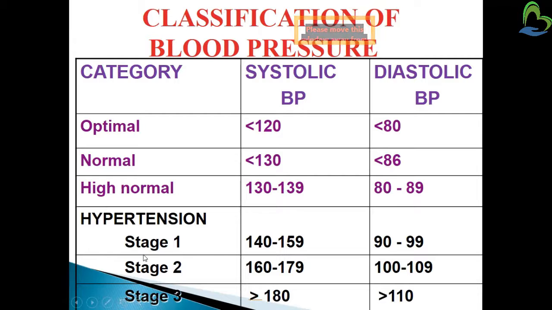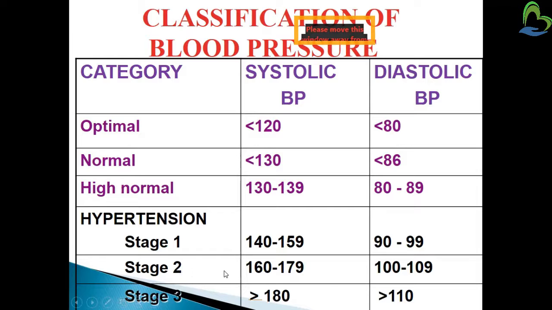Now consider the stages of hypertension. Stage 1, the first stage of hypertension, has a systolic range of 140 to 159, and diastolic 90 to 99. We can count that this is more dangerous. If diastolic increases more than the normal range, it is getting dangerous for the patient.